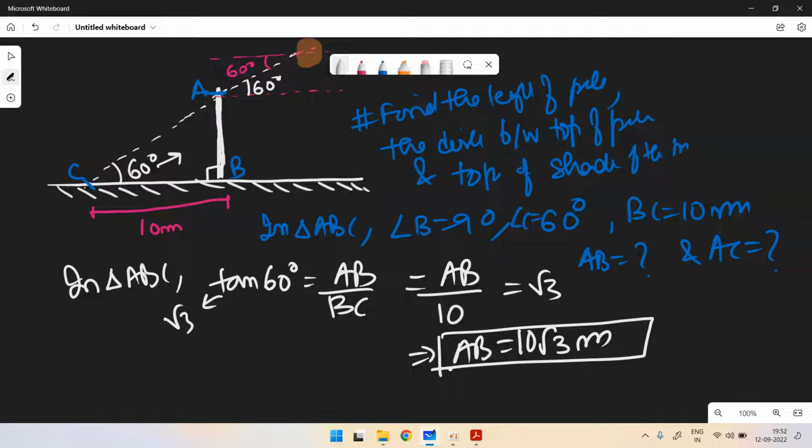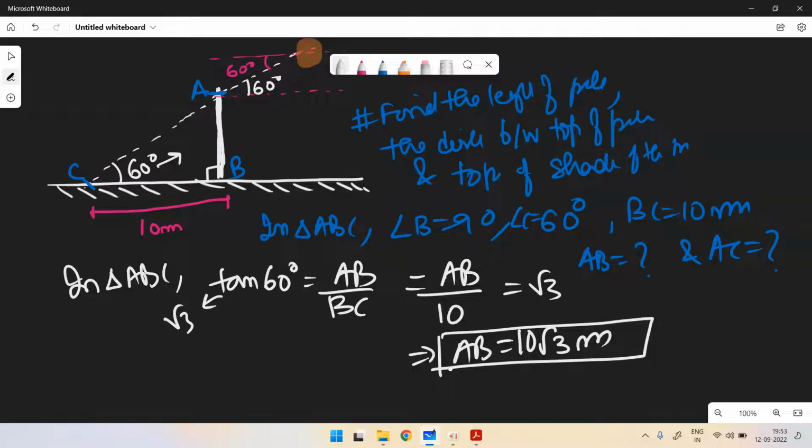Now how do you find AC? There are two methods. You already have calculated AB, you know BC, and applying the Pythagoras theorem, you can calculate AC: AB square plus BC square, and the root will be AC. But using trigonometry, it becomes easier. With respect to the 60 degree angle, BC is the base and AC is the hypotenuse.